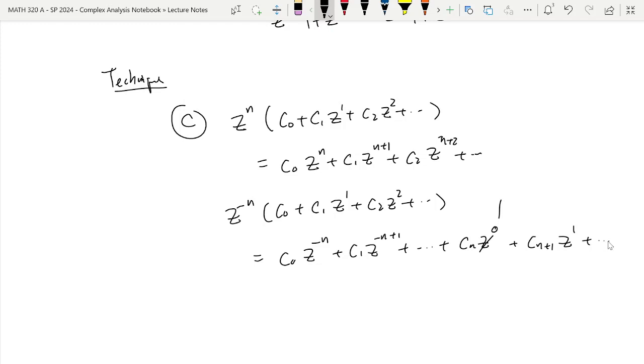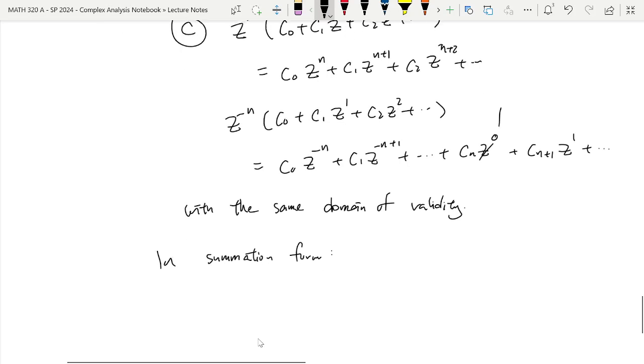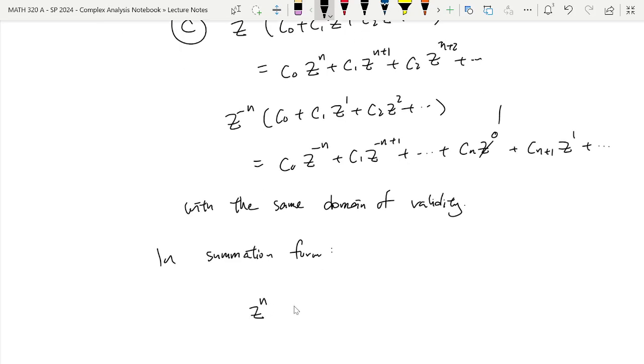Okay, and here is with the same domain of validity, and in summation form, you get this z to power n summation cn z to power n, and I should not use n.